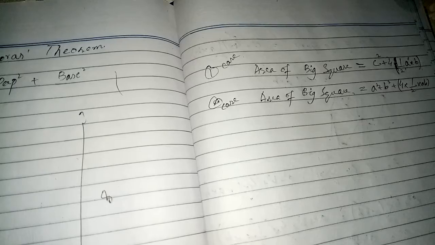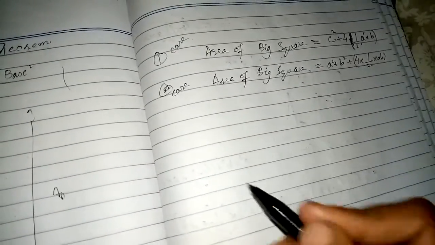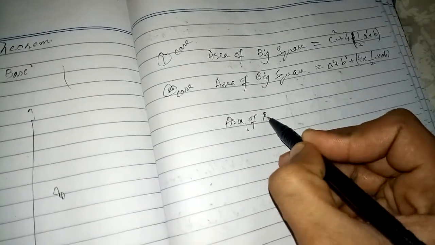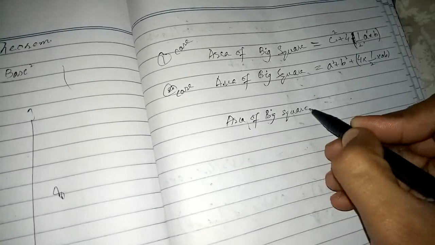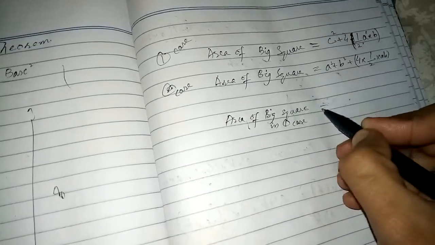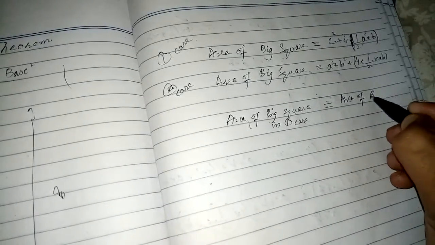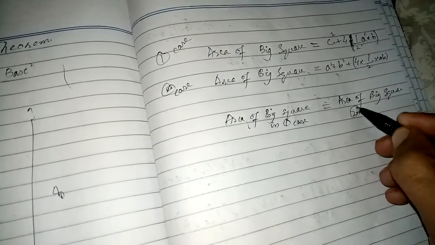So we can compare these equations. The area of the big square in the first case is equal to the area of the big square, which is the same square, in the second case.